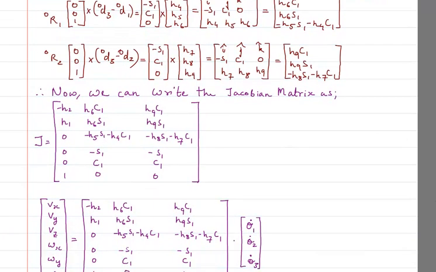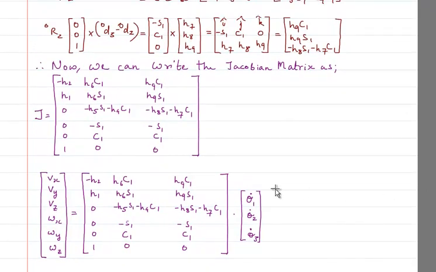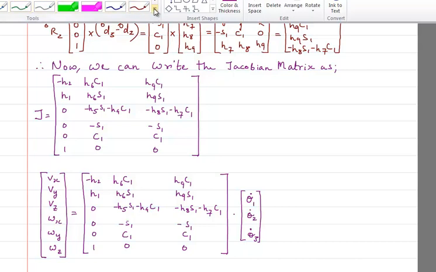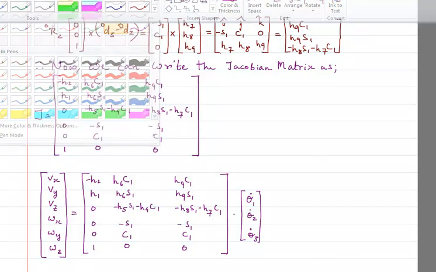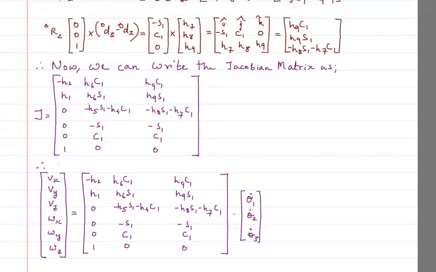Once we have got the Jacobian, all we have to do is write the equation for velocity kinematics with the Jacobian. One thing that is important to write always: therefore the velocity kinematics is given by this particular multiplication.